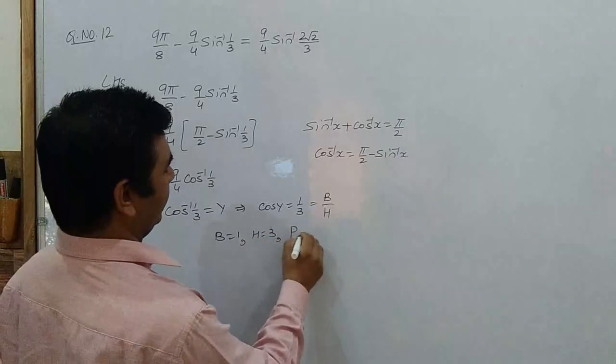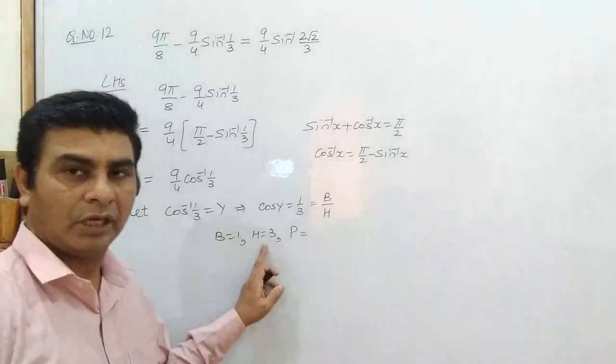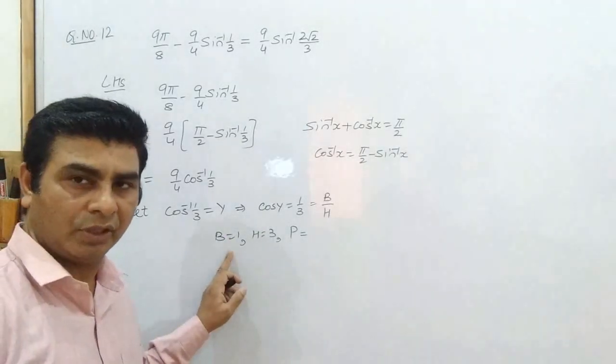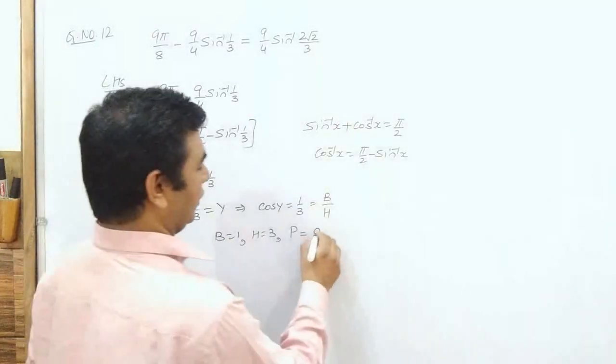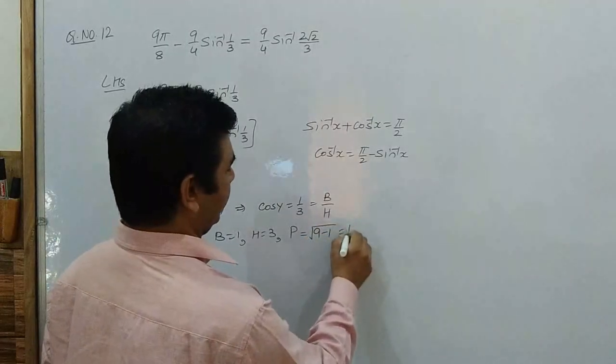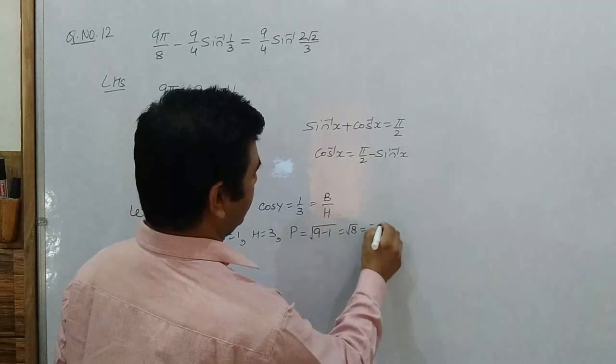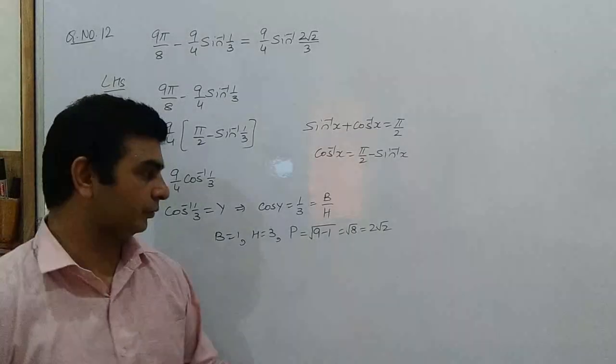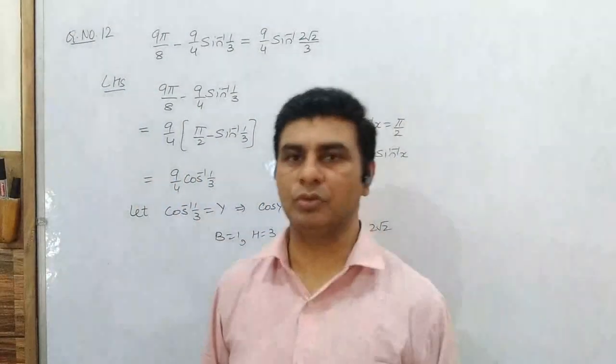Then perpendicular will be equal to the square root of hypotenuse square, which is 3 square, minus base square, which is 1 square. So 9 minus 1 under the root, this is root 8, and can be written as 2 root 2. So perpendicular is now 2 root 2.